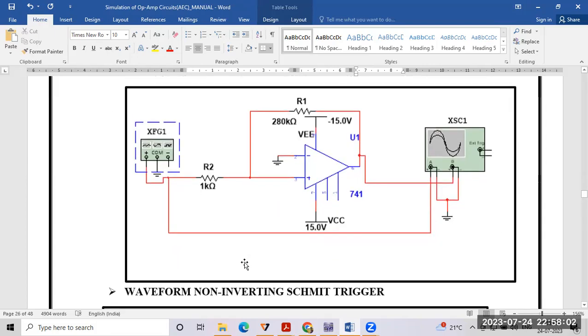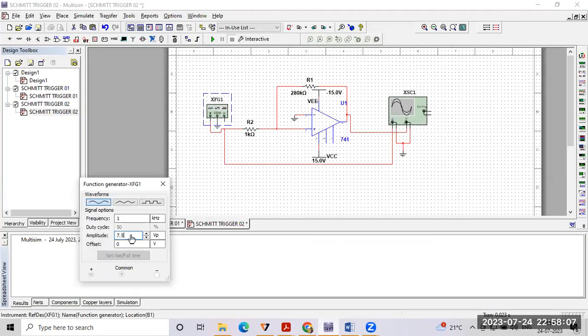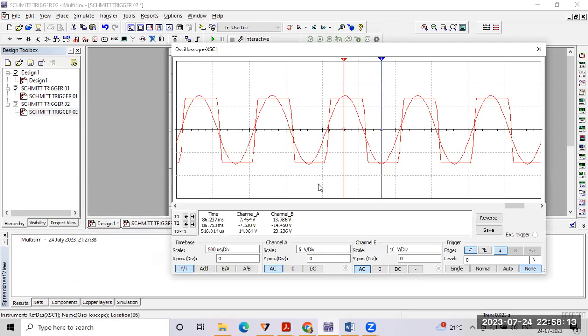Now I'm going to set the input to 7.5, that is plus or minus 15 volts, at 1 kilohertz, then close and run. Here, what is the input? Total 14 plus 1, that is nothing but 15.